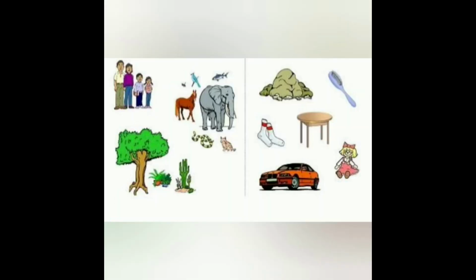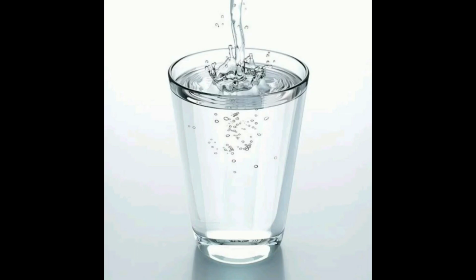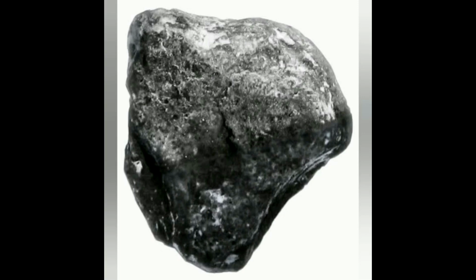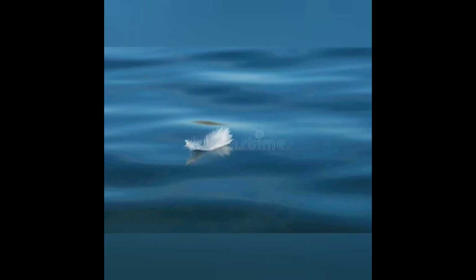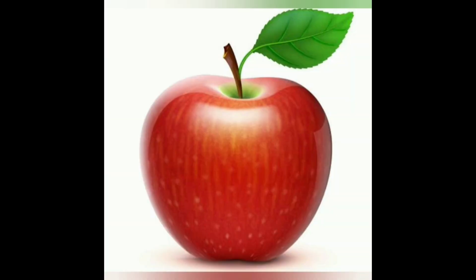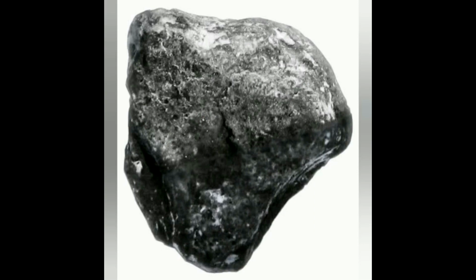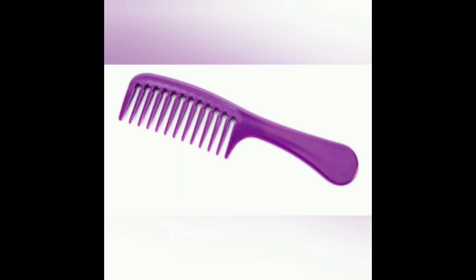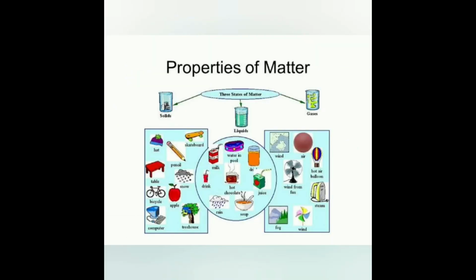The cow and the birds are the living things, while the rest are not. Water in the glass is liquid, but air in the balloon is gas, and the rest are solid. The feather and the paper cup can float, but not the apple or the piece of stone. The rubber band can stretch, but not the comb. They have different properties. They are matter.